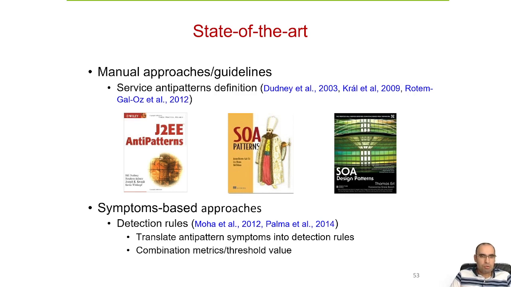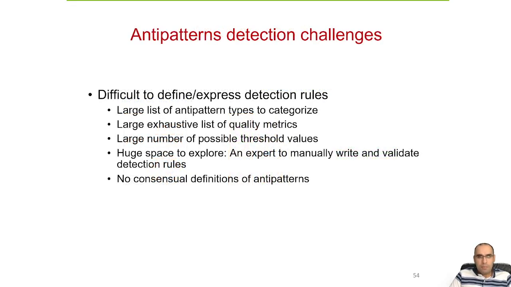They try to translate the definitions from these books into detection rules using a specific format and domain-specific language. The problem in practice, however, is that it's difficult to define or express such detection rules because there is a large list of anti-pattern types that we need to characterize.